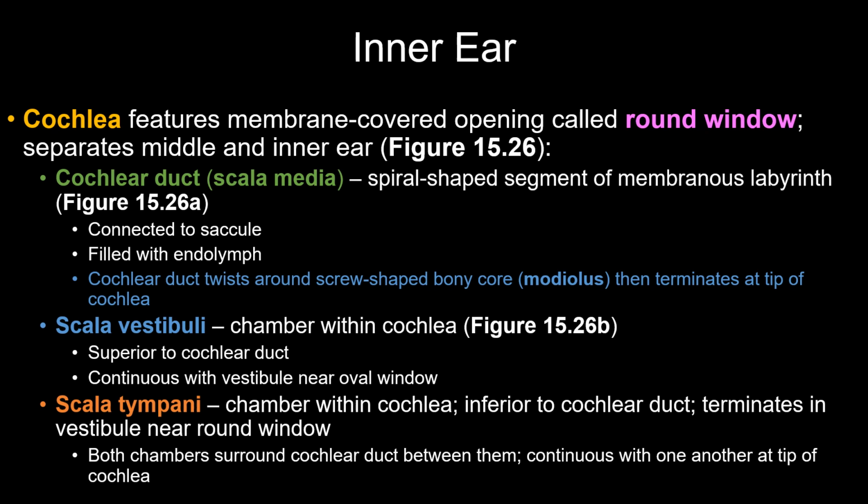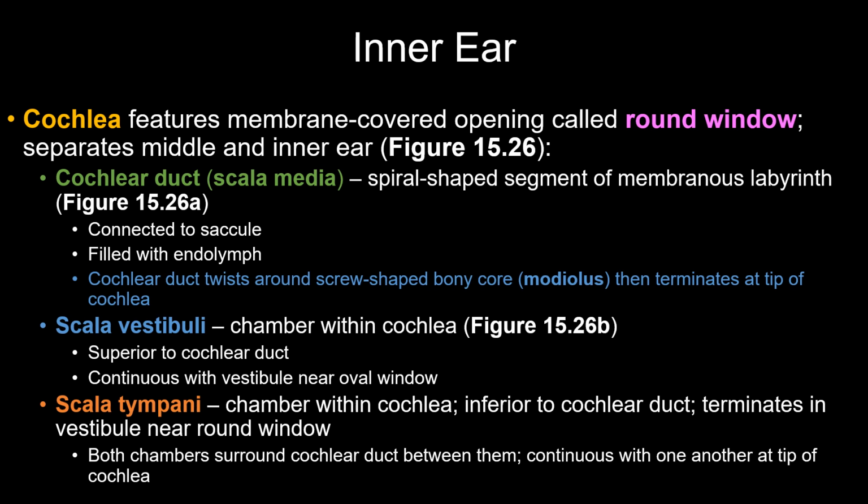In the image I'm about to show you, the cochlear duct spirals about 2.5 times around a screw-shaped core of bone, and that bony core is called the modiolus. And then this ends at the tip of the cochlea.